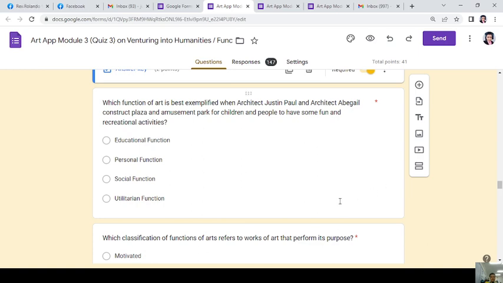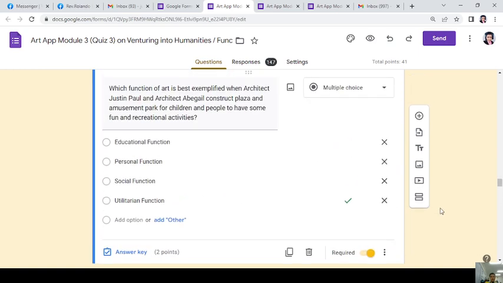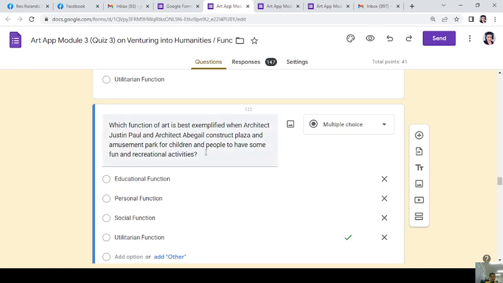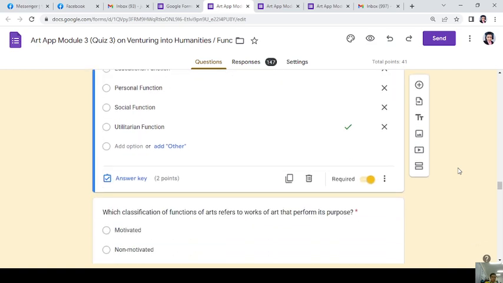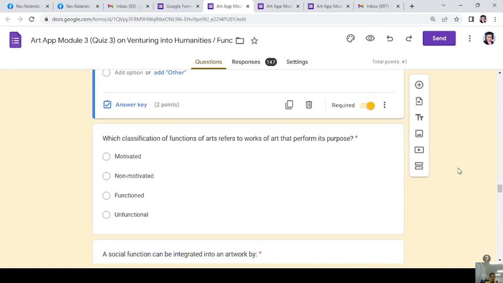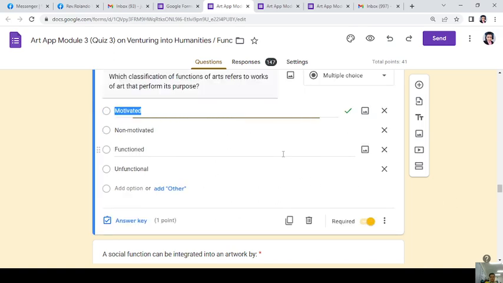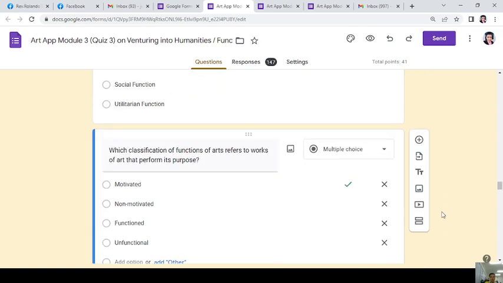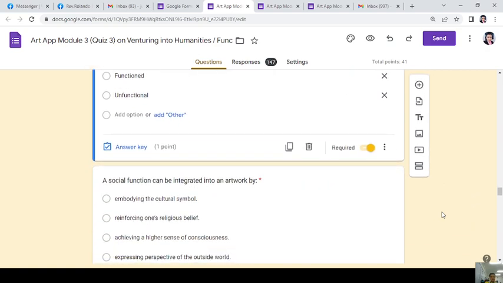That is utilitarian function, which everyone is benefiting that particular artwork. Next, which classification of functions of art refers to work of art that perform its purpose? Its motivated function.